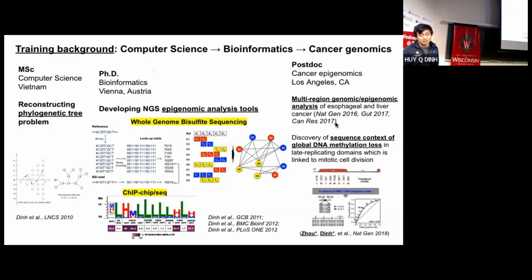We published a number of papers in esophageal and liver cancers. And then one of the projects we published later is we discovered the sequence context of global DNA methylation loss using TCGA DNA methylation data and machine learning methods.